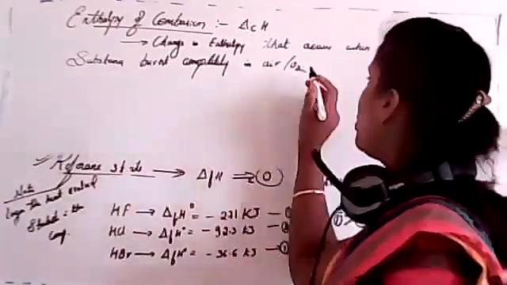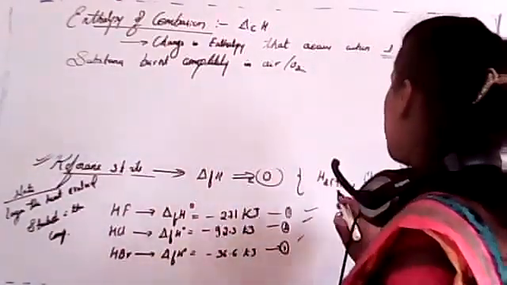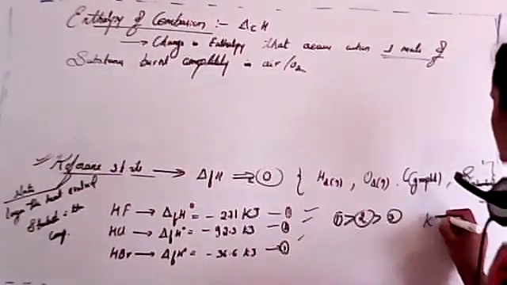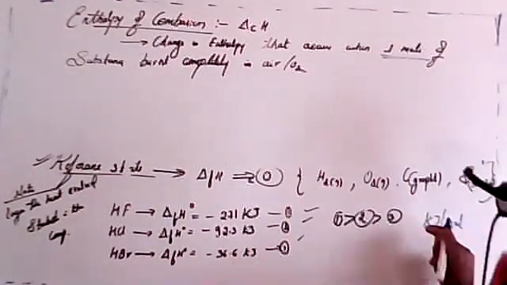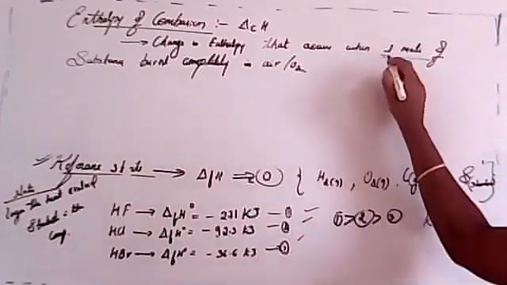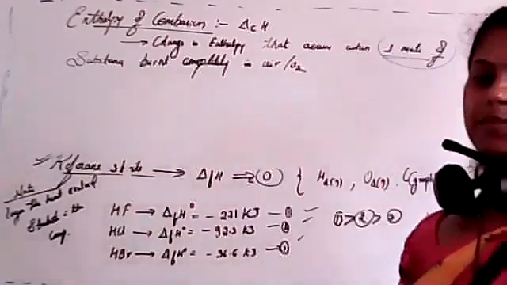Yes, you have to use 1 mole. That is very important. That's why we write it as kilojoule per mole, so you have to use that quantity of the substance.